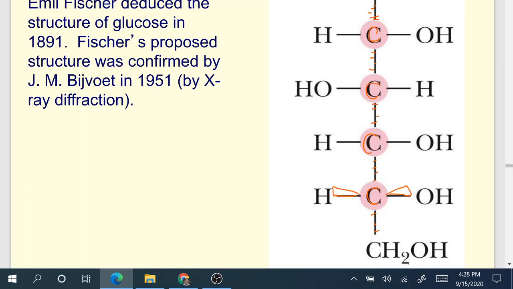Now, most molecules are not going to really exist in that type of conformation. It's just a shorthand way of denoting stereochemistry so that we're not drawing all of these wedges and dashes. And so we draw a Fischer projection.